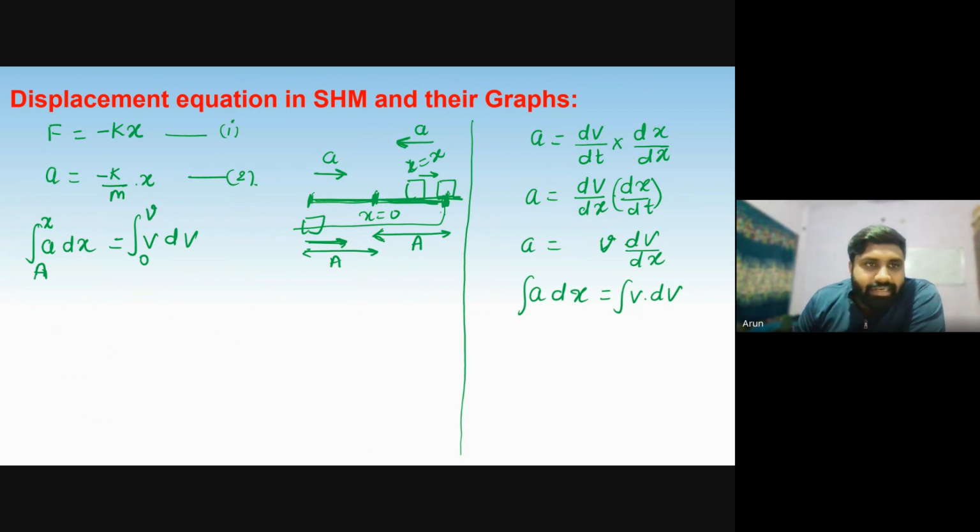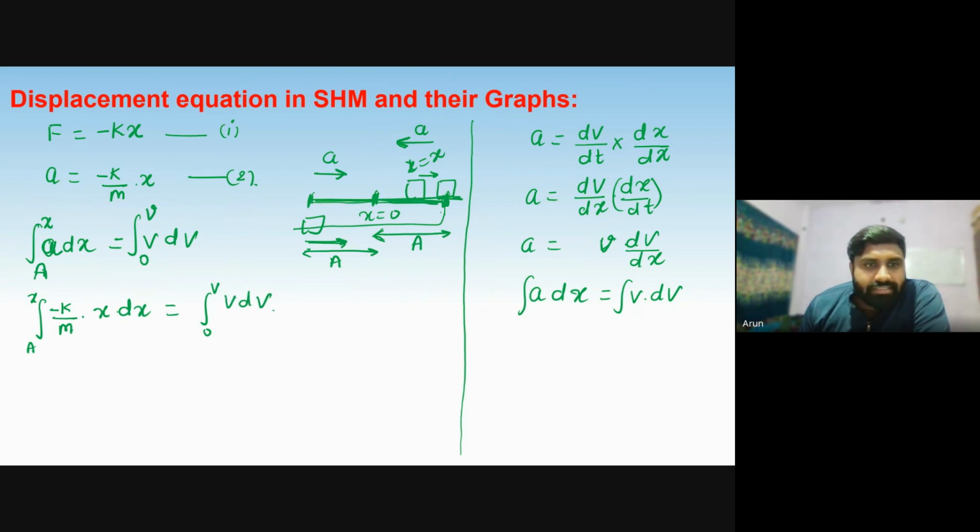So if we integrate it, acceleration is here. We can put the value of acceleration here, minus k by m into x. The integration from a to x of minus k by m into x dx is equal to the integration from 0 to v of v dv.